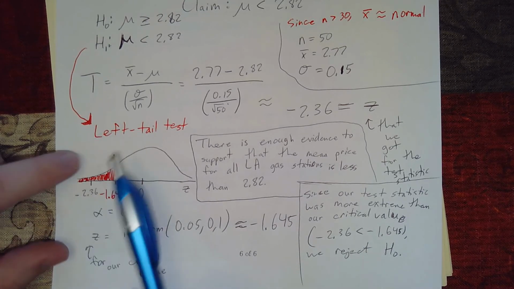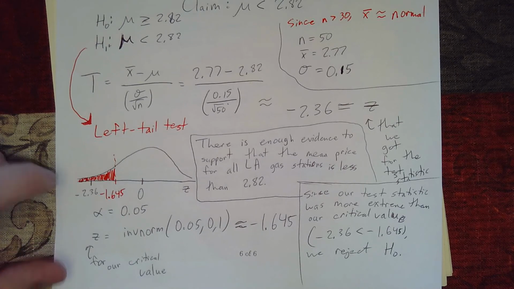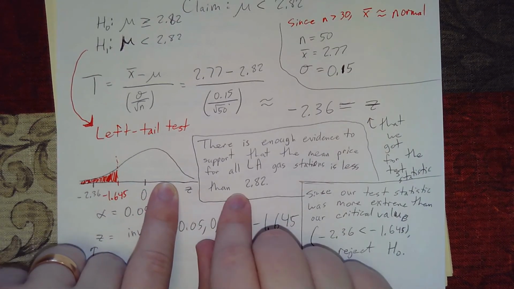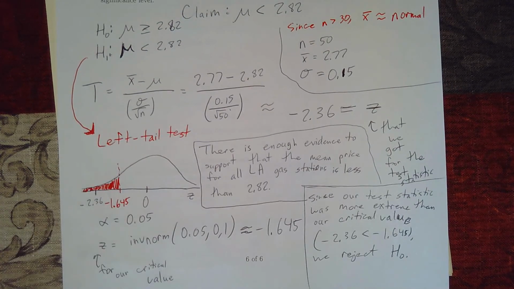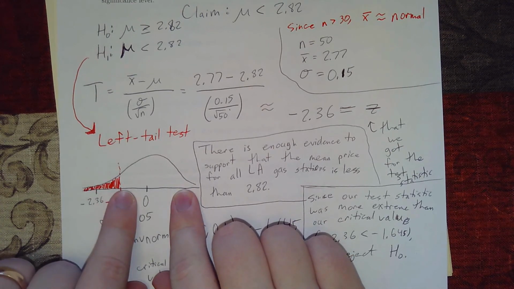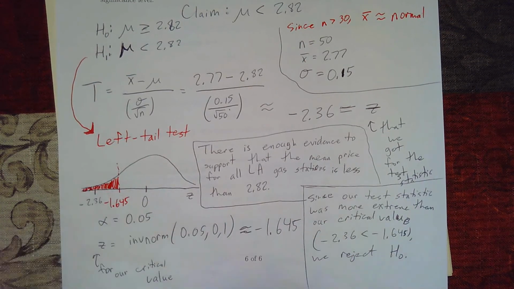If we had a right tail test, we would reject if we were to the right of the value we had found. And if we had a two-tail test, we would have values on both sides, and if we were past either of those, we would reject our null hypothesis.